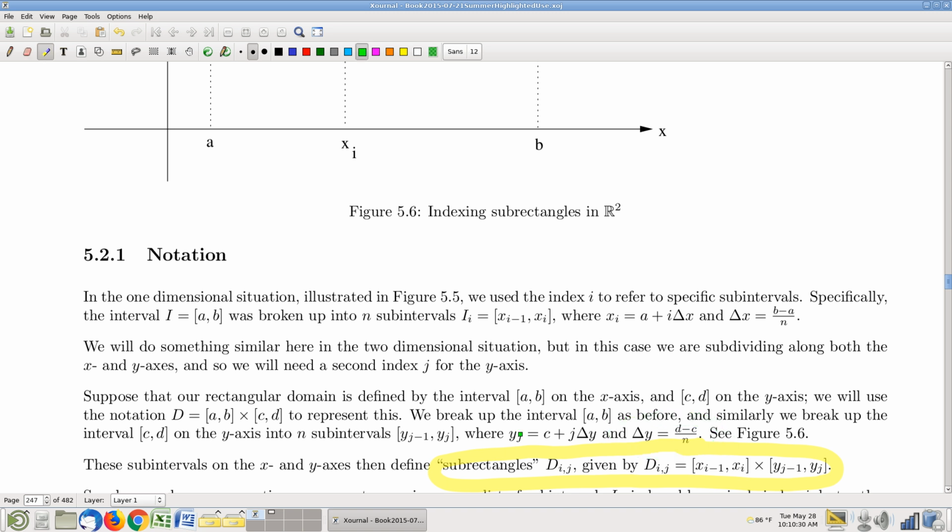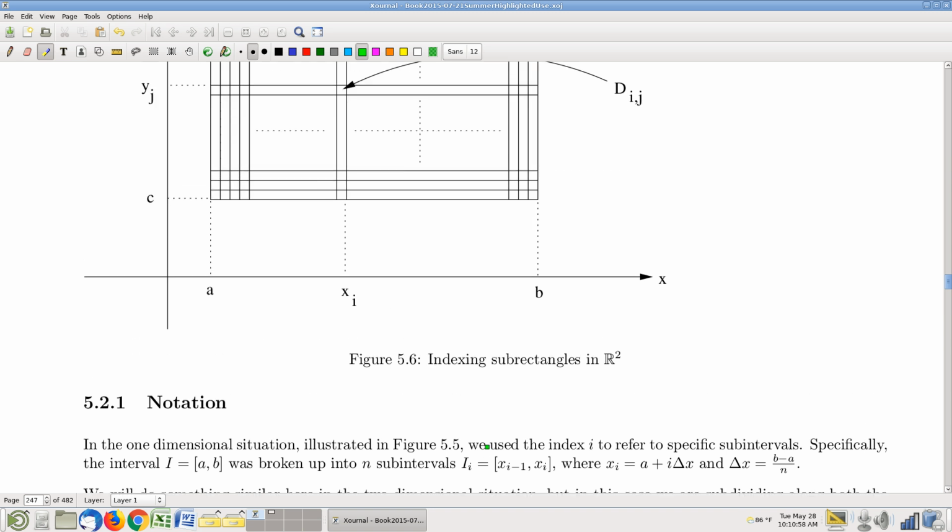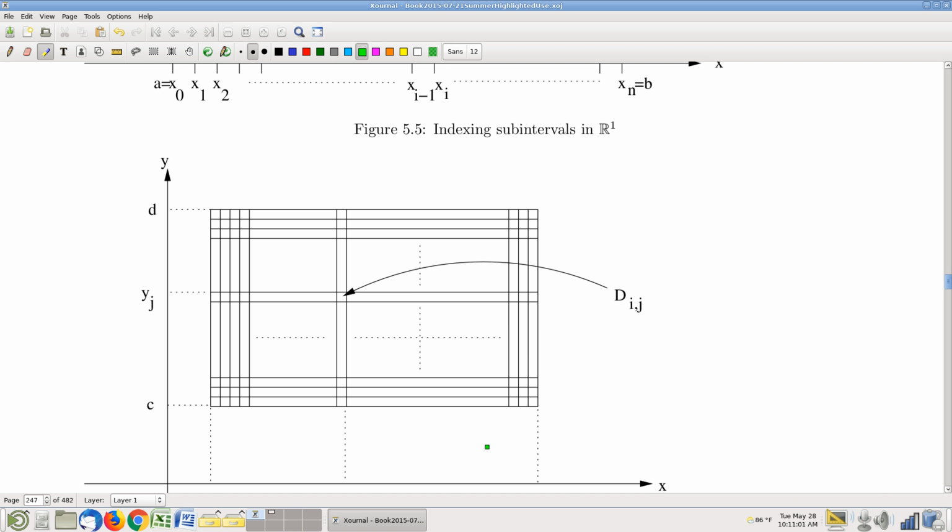And y sub j is going to look a lot like the formula for x sub i, but we're starting at c instead of a, and we're going to the jth piece instead of the ith piece, and each one has width delta y instead of delta x. So the structure of the argument here is pretty much the same, just different details appropriate to the context of being the interval from C to D.